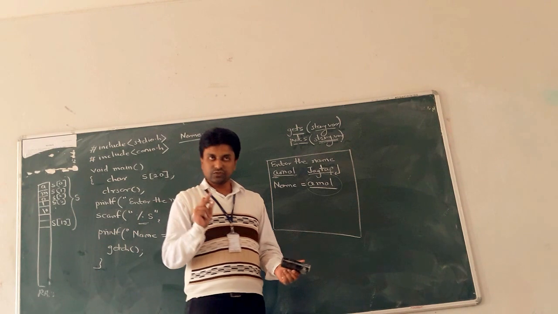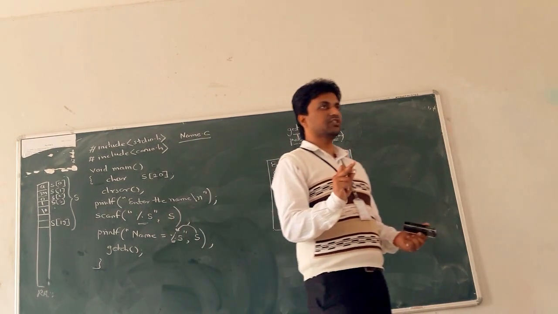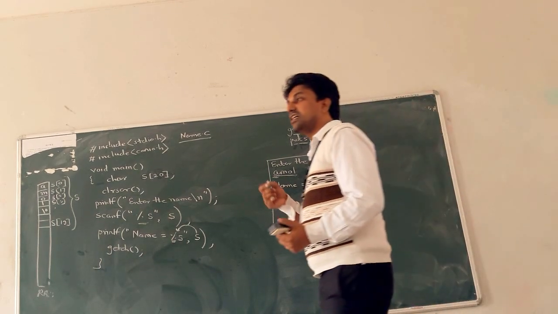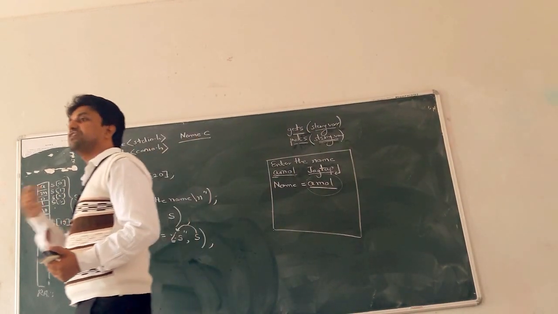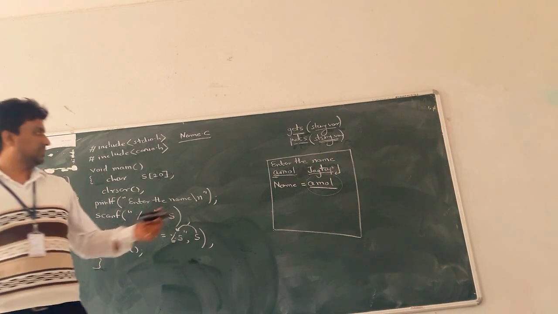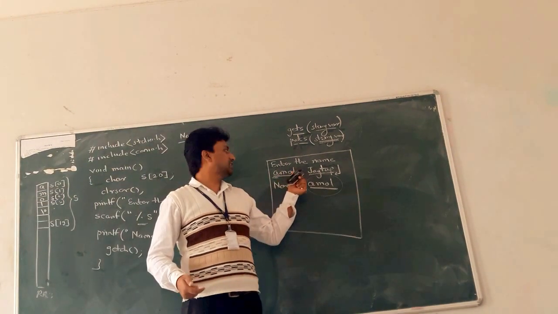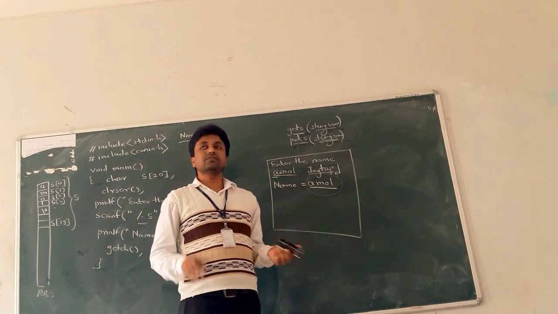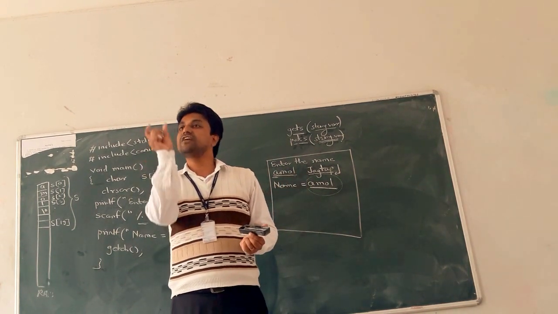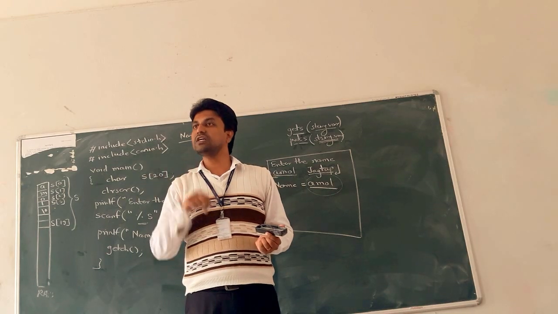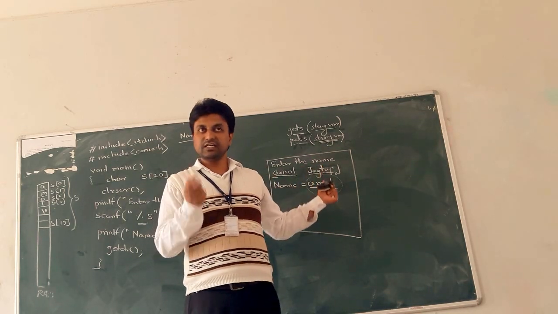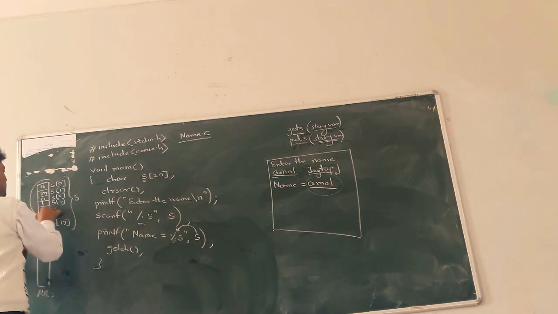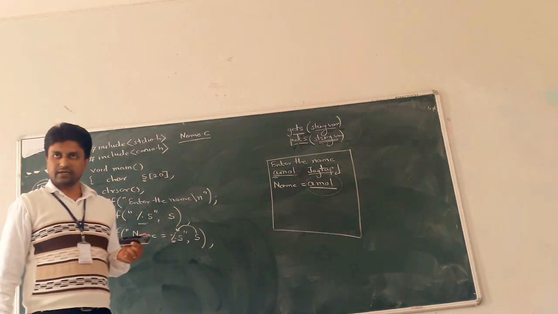Okay. So understood what is the drawback of scanf function? While scanning the string, if the string entered by the user has a space, then what happens? Only the first string before the space is stored in this variable s on the RAM. Clear?